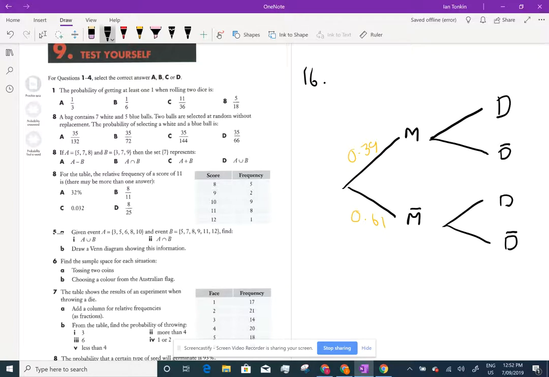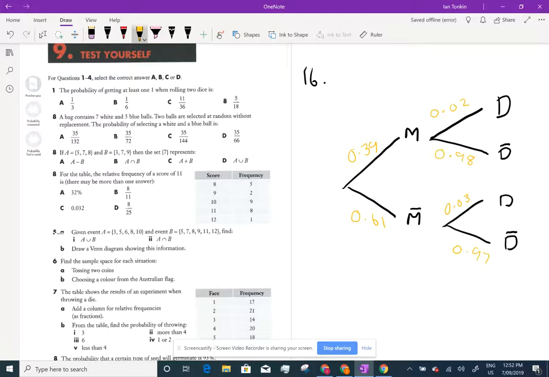Now, the chance of it being defective when the manager's on duty, that was 2%, 0.02, which means not defective is 0.98, 1 minus 0.02. If the manager's not on duty, it's 3%, 0.03, and that's going to be 0.97.